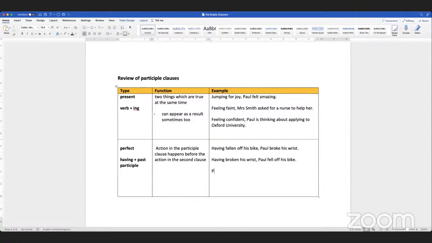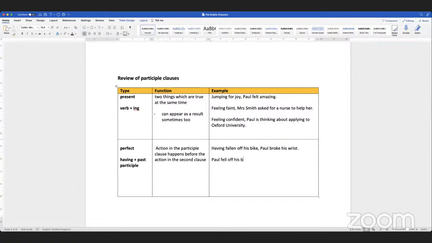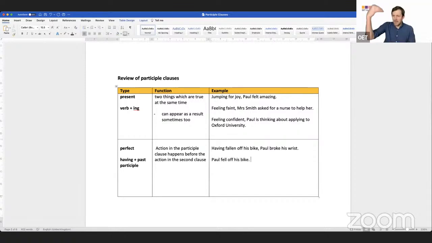Okay. So if I take this away, Paul fell off his bike. Okay, let's look at how we can make it more complex. So Paul fell off his bike, Paul broke his wrist. Okay, that's the most basic way we can do it. Then I could do the same thing again, and I can do, he broke his wrist. Oh, now I'm using a pronoun and I'm making it a little better.